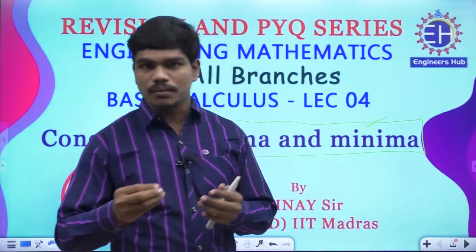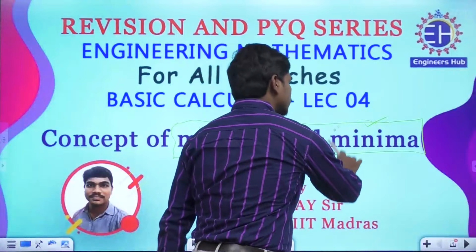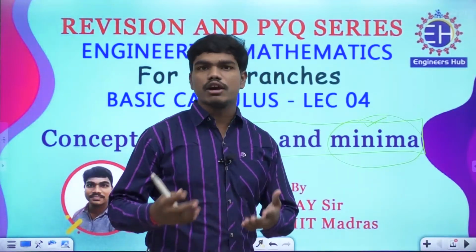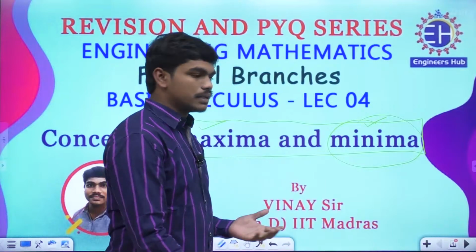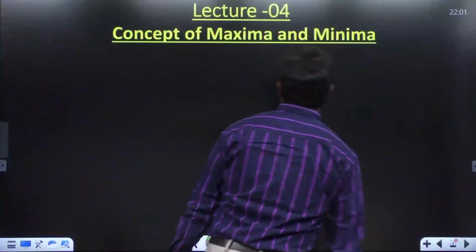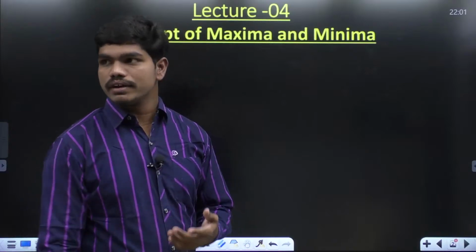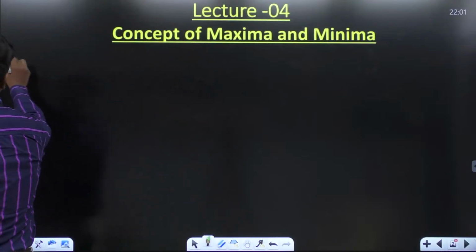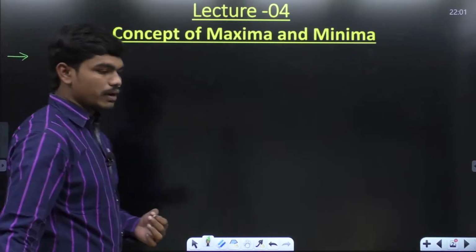Similarly, if you are having some loss, you need to know at what conditions the loss can be minimized. Similarly, it holds good in many of your core subjects. So this concept is really important, and for this you need to have some knowledge. So this is the fourth lecture, and we are talking about the concept of maxima and minima. Now let us see the procedures for finding maxima and minima.